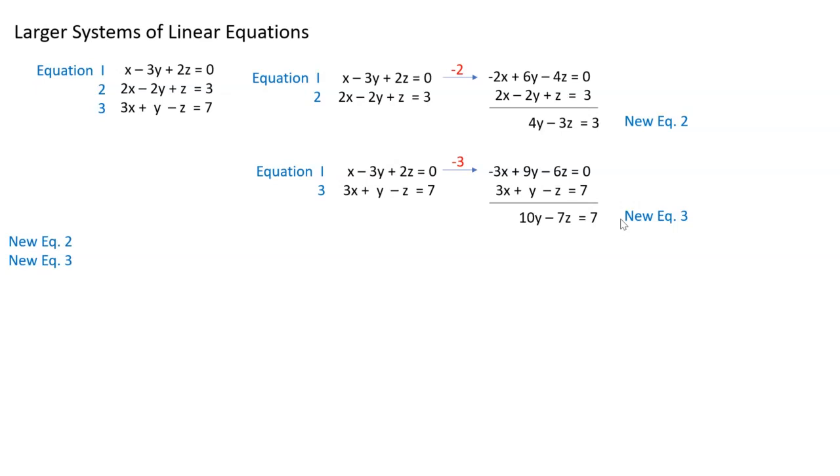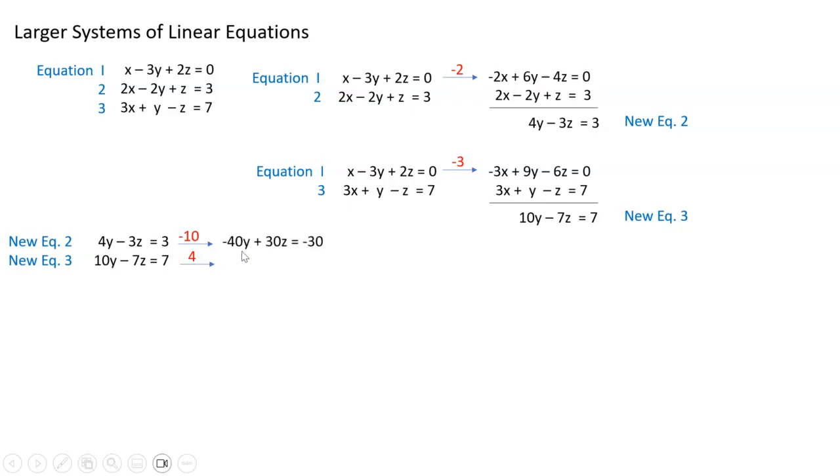Okay, now I'm going to take equations 2 and 3, the new ones, and get rid of the y's. So I'm going to multiply equation 2 by -10 and equation 3 by 4, because -10 times 4 will give us -40 and 4 times 10 will give us positive 40. When we add them, they'll be eliminated.